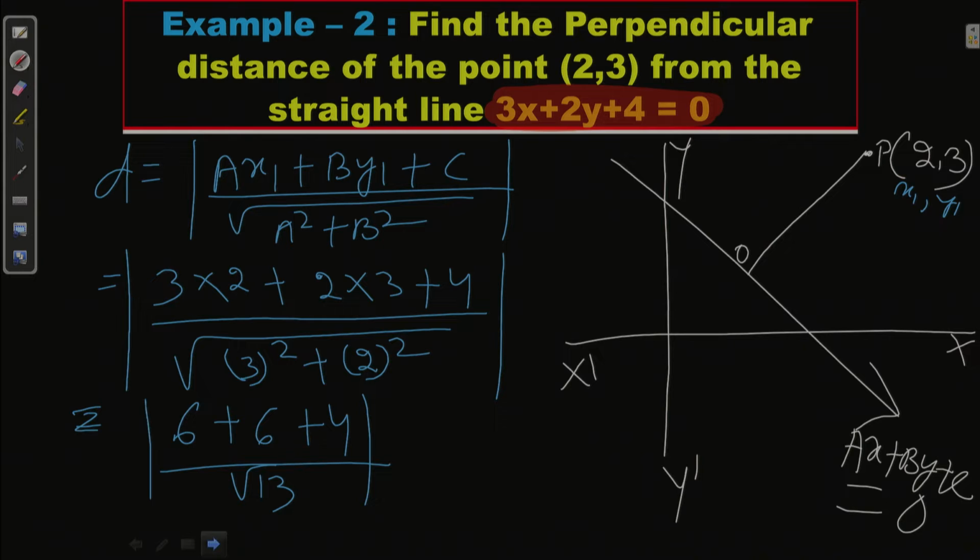So I can write 6 plus 6, that is 12, 12 plus 4, that is 16. I can write 16 divided by the square root of 13 unit. This is the distance from this point to the line, and this distance will be 16 divided by the square root of 13 unit. This is the way we have to find it.